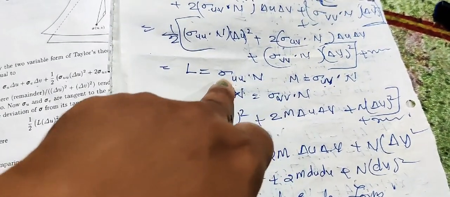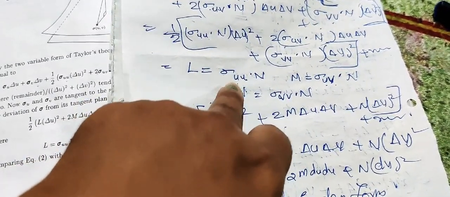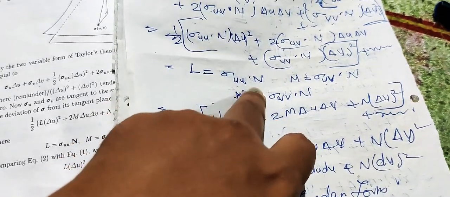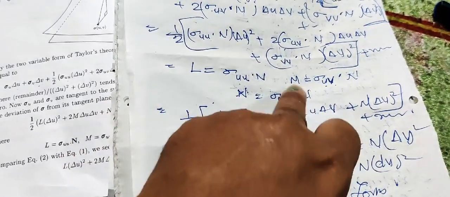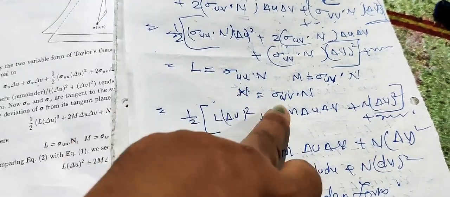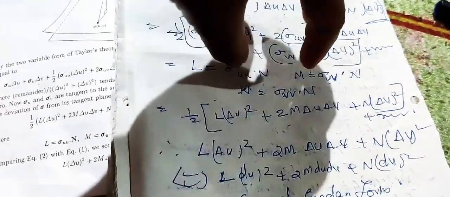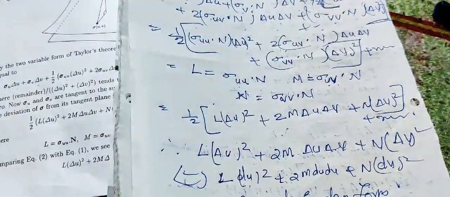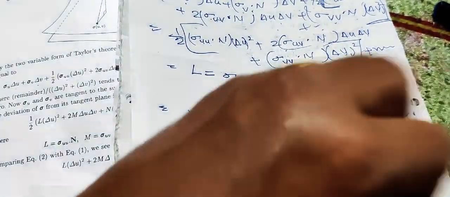So first we find the second derivative of sigma with respect to u, and n is the principal normal. m is sigma uv dot n, and n is sigma vv dot n. So substitute, find these values and substitute in this equation. So this is the second fundamental form.